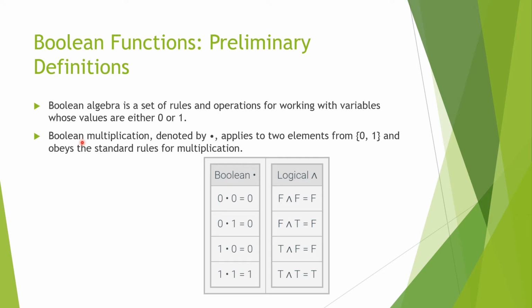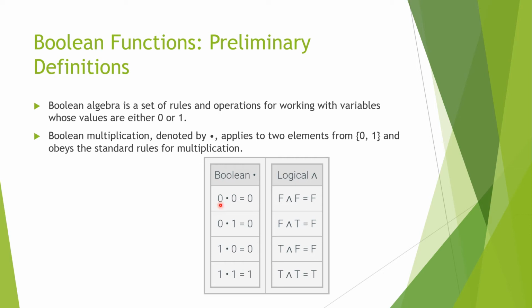Boolean multiplication is the first operation that we define in Boolean algebra, which is denoted by a simple dot, and it applies to two operands. Each one of them should be either 1 or 0, and it obeys the standard rules for multiplication that we know in algebra.